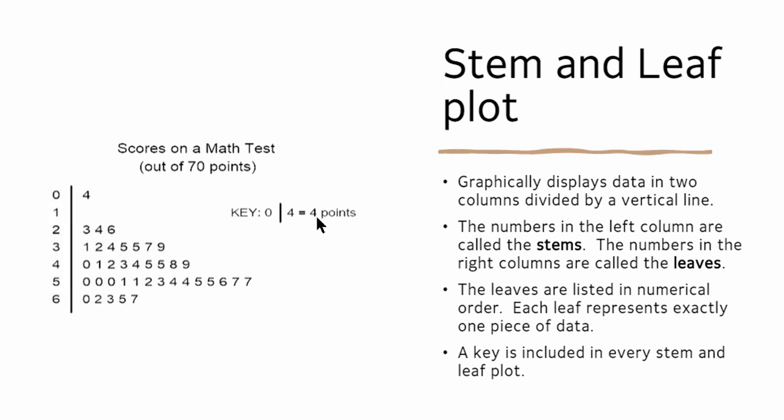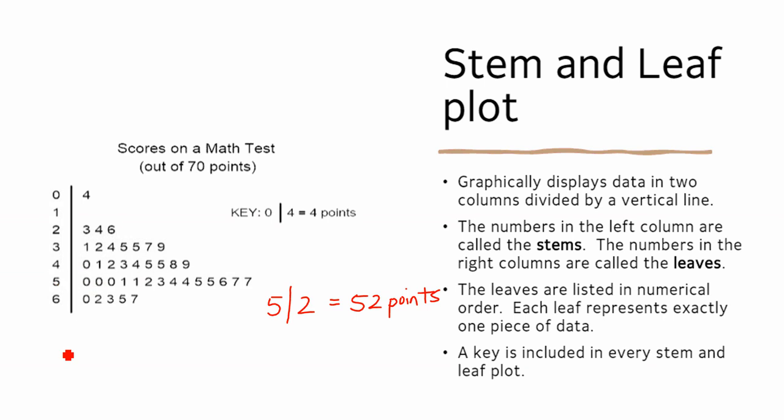That means that you got 4 points out of 70 on the test, right? So for example, if I circle this 2 right here, this 2 matches up in the same row as the 5. So that means, put together, someone got 52 points out of 70 on their test, right?